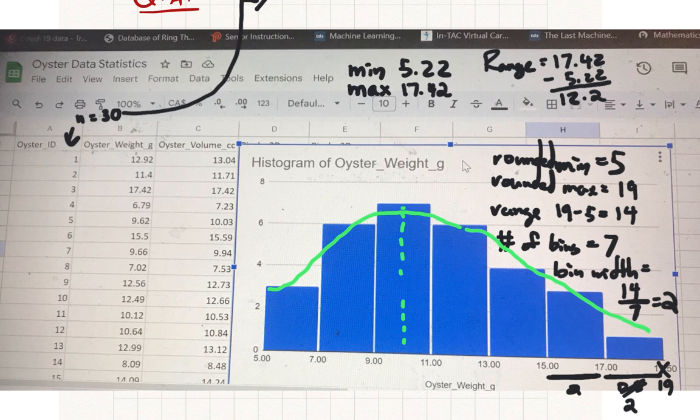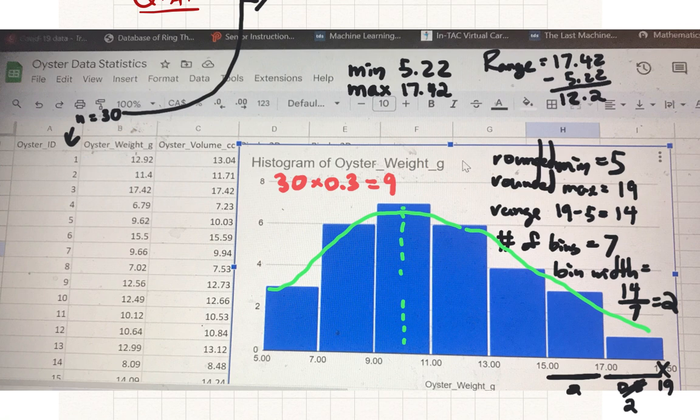Well, we have 30 elements, and we're looking for how many of them are in the smallest 30%. So if we multiply that by 30%, or 0.3, we get 9. So we want to know the cutoff for the smallest 9 oysters in our data set.